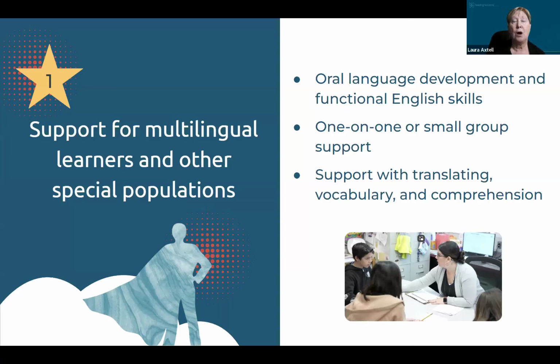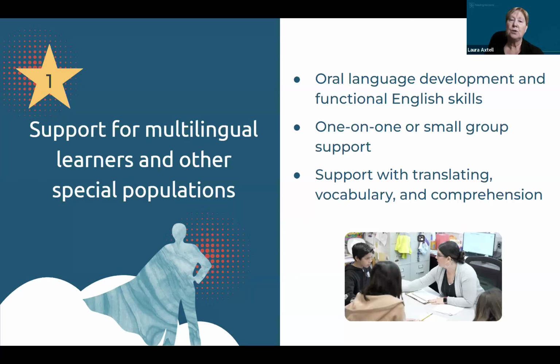So it could be students who are brand new to the language, have no English or very little English, all the way to students who have some oral language but don't have a lot of reading and writing experience, students with intellectual disabilities, students who are on the autism spectrum. So a lot of times what you have are small populations or growing populations of students in your classroom. How can paraprofessionals maximize our work with those students?